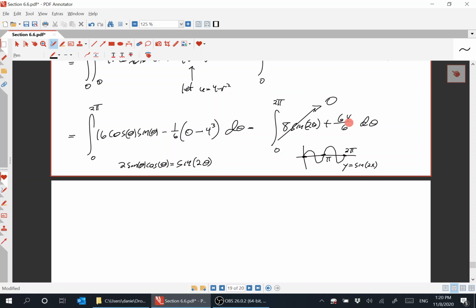So we're going to have 2 pi times this. That's 64 over 6. So 64 times 2, 128 pi over 6. Divide that by 2, 64 pi over 3. Okay, so that's that vector flux surface integral, one example. Let's try one more.